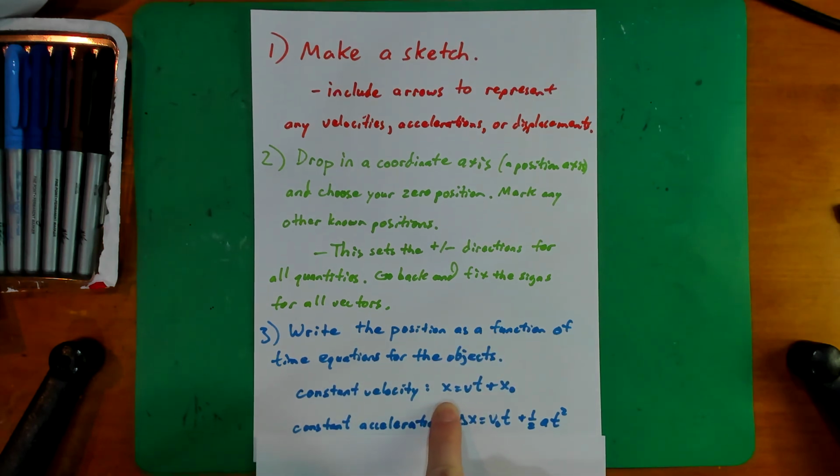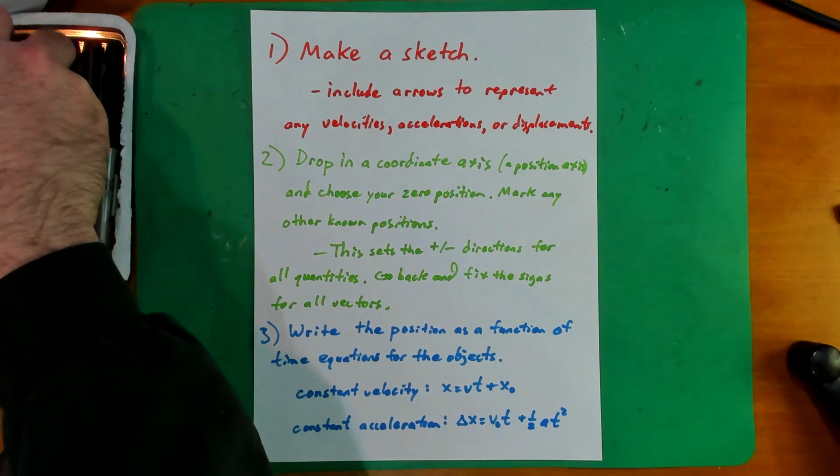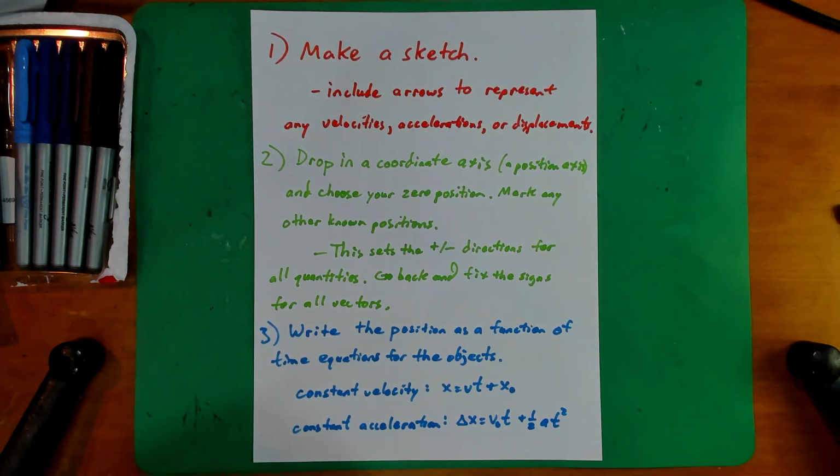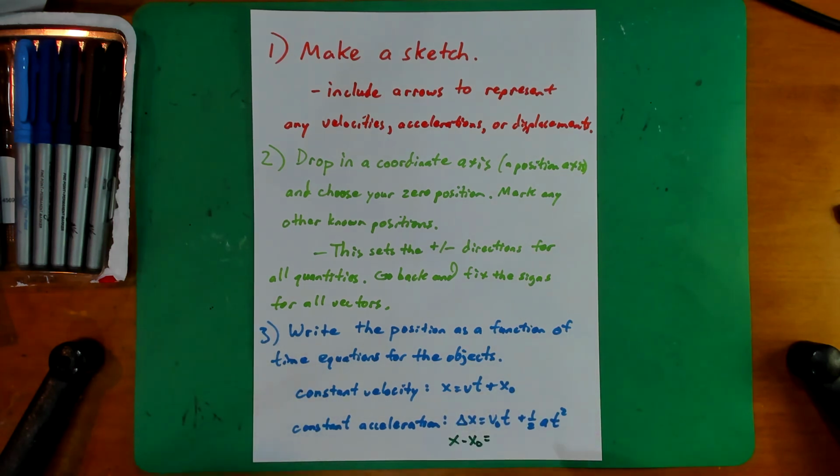The position is wrapped up in this delta x. So where it says delta x, you're going to want to substitute in x minus x naught. Then I can move the x naught to the other side and I'll have an equation for position as a function of time. That's the trick there.